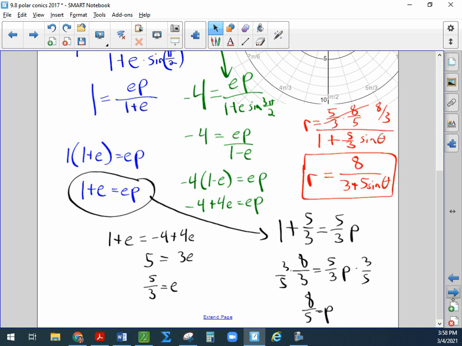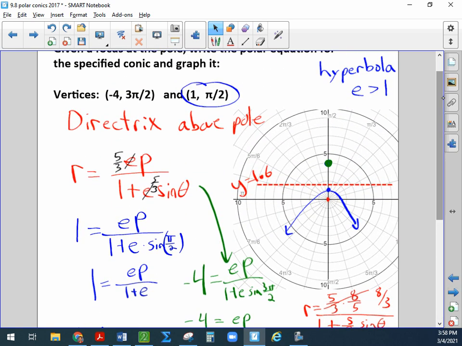It might actually be faster to use what I know about directrices in the rectangular form. I know that the directrices in the rectangular form are equal to a squared over c away from the center. Based on where the vertices are, I could find the center. I have a vertex at 1 and a vertex at 4, essentially, so the center would be at 2.5. I know the two a values are 3 altogether, right? 4 minus 1 is 3.